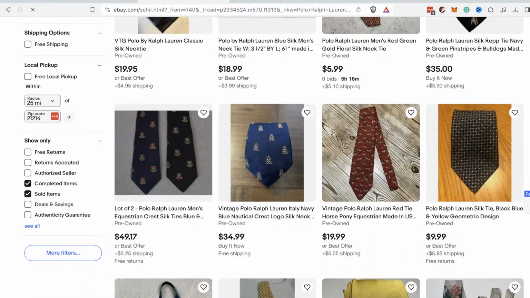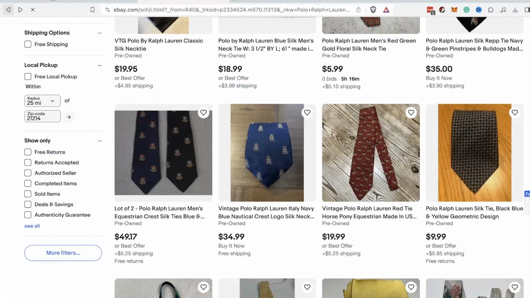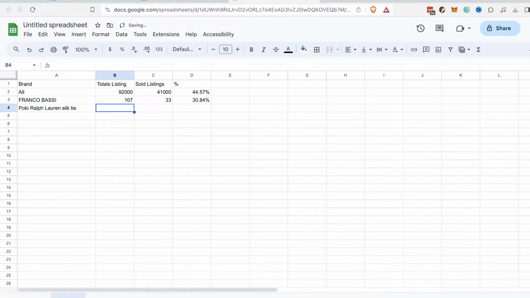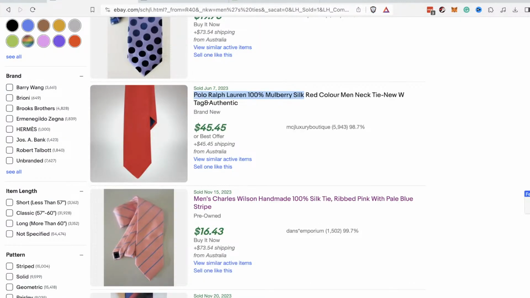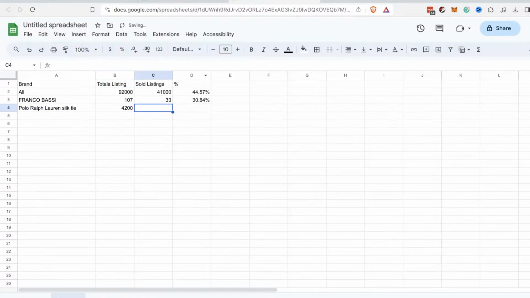If we go with sold, right? Oh, I forgot. Did I capture the number? I did not. Hold on. So this one was 42, right? So this is 4,200. And then this one, when we look at sold, this is 1,800. Let's pull this down.